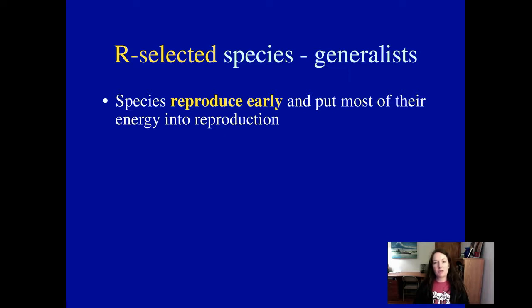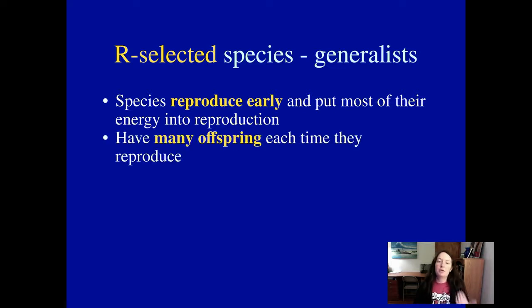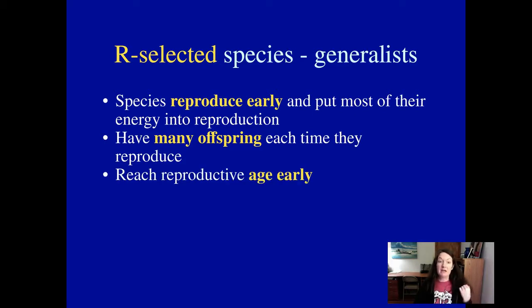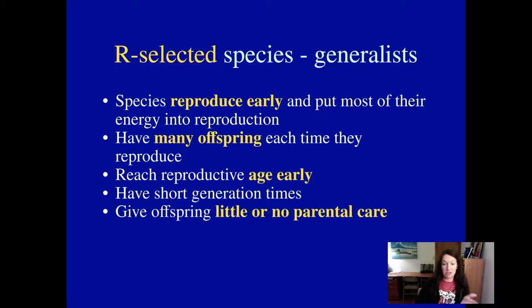These species reproduce early and they put most of their energy into reproduction. So their goal in life is to reproduce. They generally have a lot of offspring when they reproduce, and they become reproductive early in their lifetimes. They're often shorter lifespans, so they have short generation times. And then the offspring don't often get much parental care.